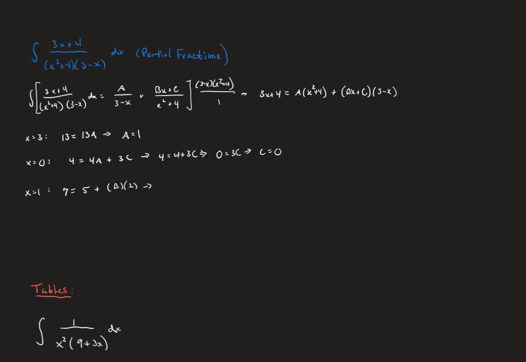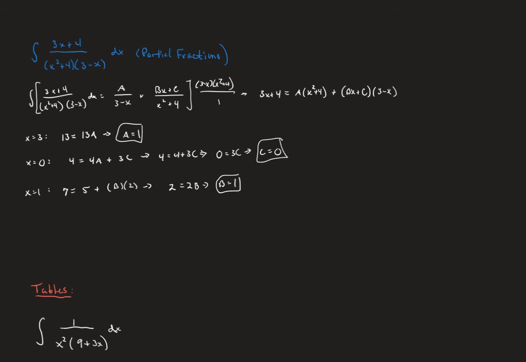So if we subtract the 5 from the 7, that's 2 is equal to 2B. So I guess B is going to be 1. So we know our A and our B and our C.